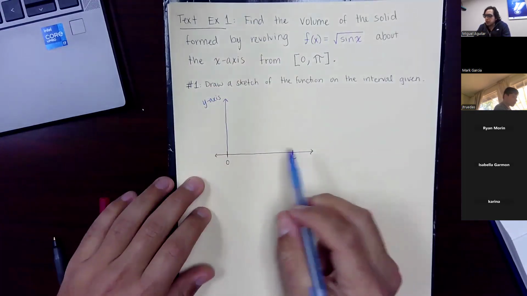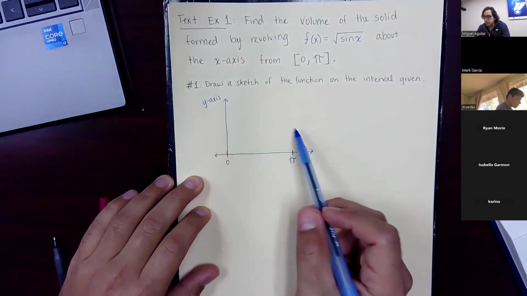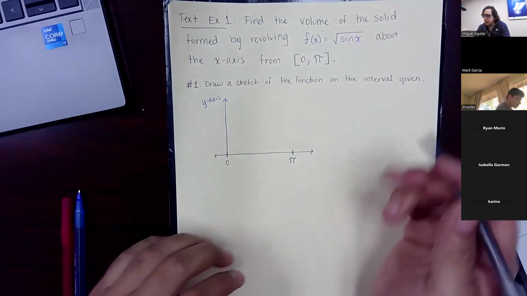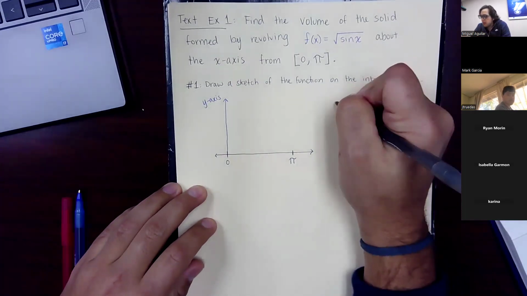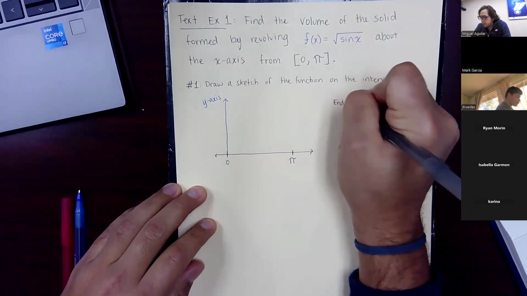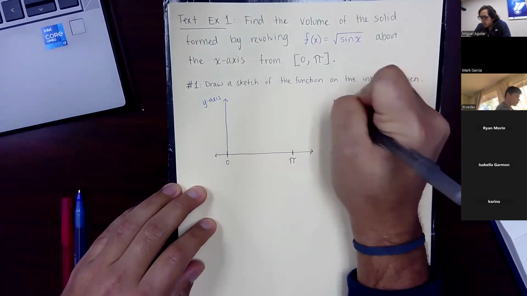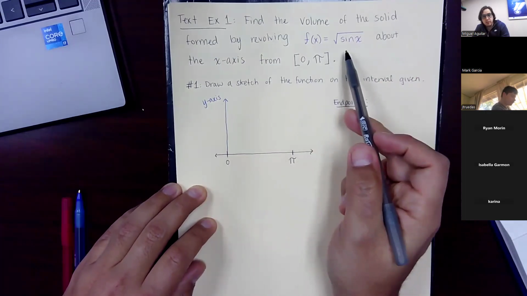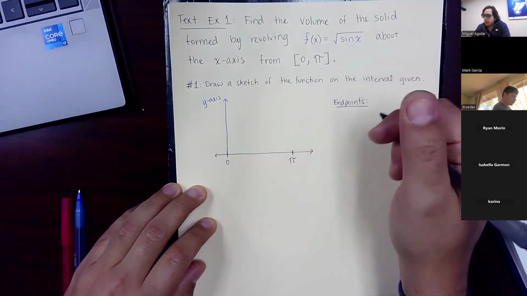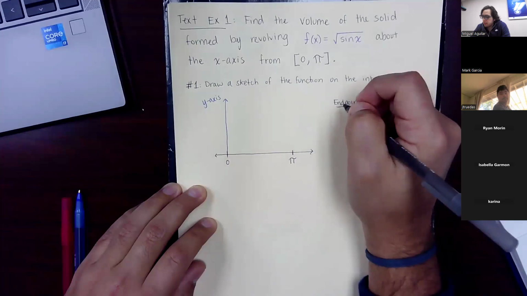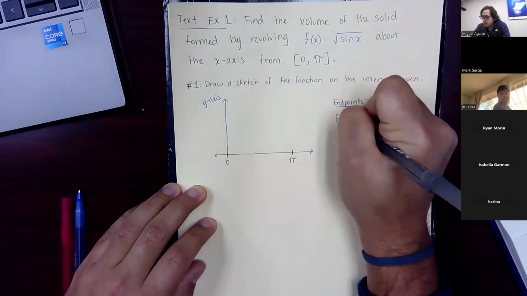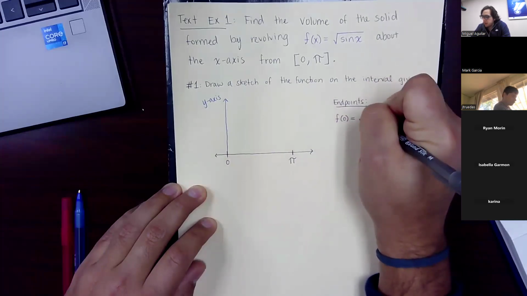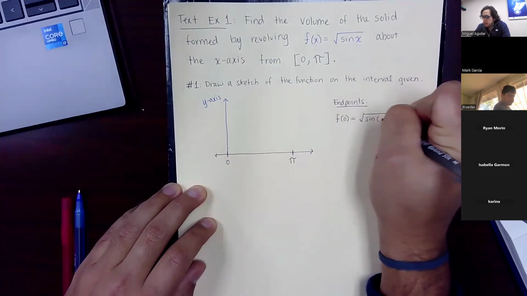But we really want to find what the endpoints of this function are, just like we did in the previous section. To find those endpoints, all we need to do is plug these x values into the function that we've been given. So the first endpoint is going to be f of 0, which is the square root of sine of 0.